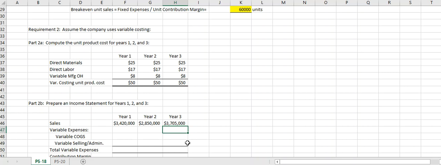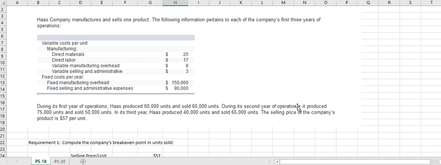All right. So we have then to calculate our variable cost of goods sold and variable selling and administrative. Variable cost of goods sold and variable selling and administrative make up the total variable cost, which is up here in the chart.